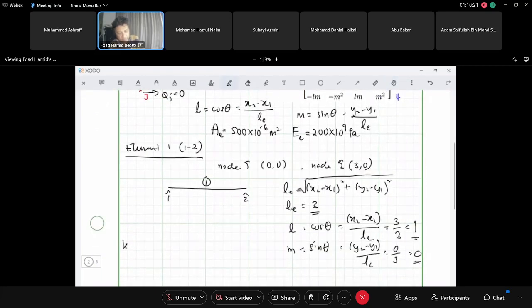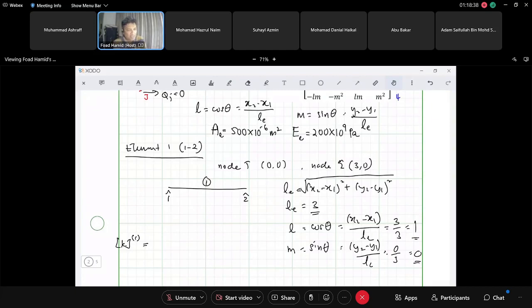Okay, now what is our K matrix? Element stiffness matrix for the first element here. Note that I put a bracket. How do we do this? Note that this is a lot of calculation.